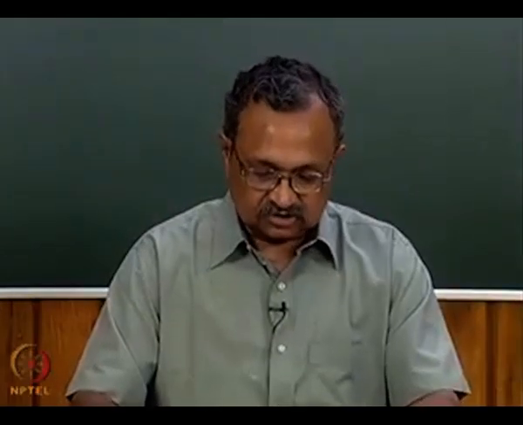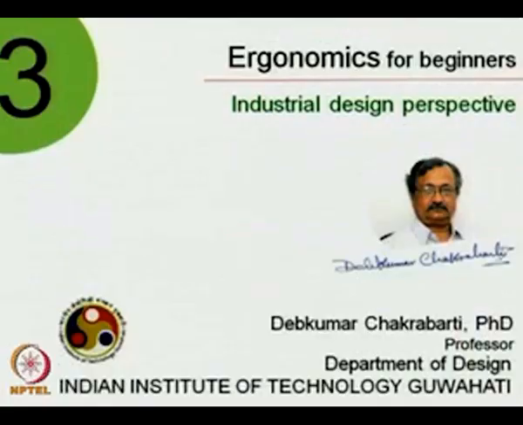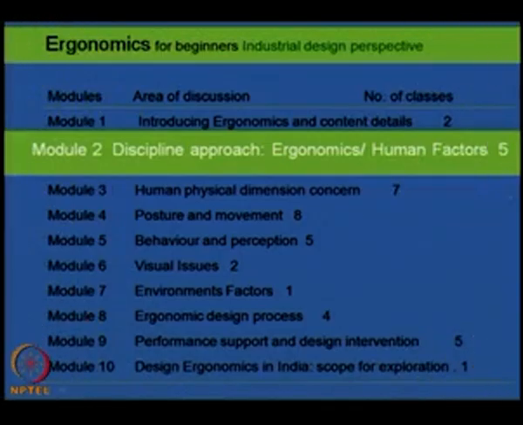So, welcome to this third session of Ergonomics for Beginners: Industrial Design Perspective. Today we are starting the second module, that is the discipline approach, ergonomics and human factors. Here a total of 5 classes will be there.